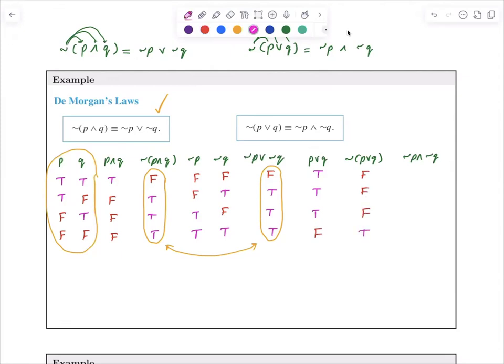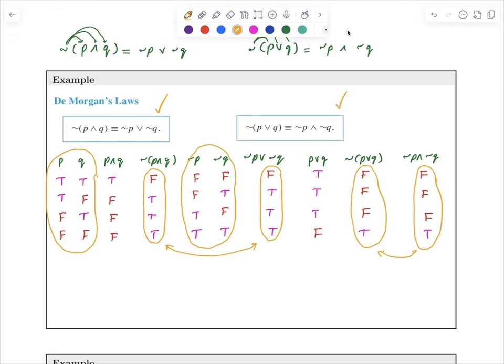Now we look at not P and not Q, combining them using the connector AND. False and false is false. False and true is false. True and false is false. True and true is true. So obviously, these two are equivalent as well. We basically proved the second statement.